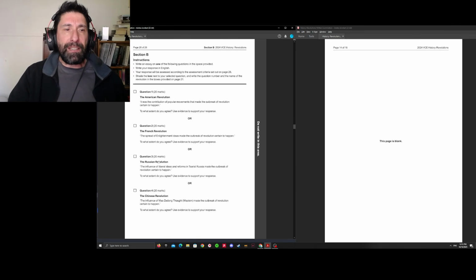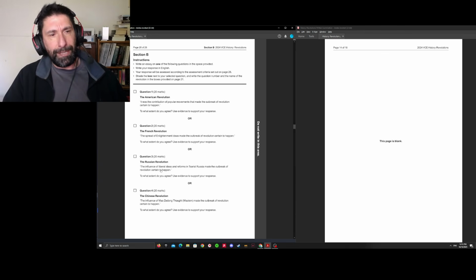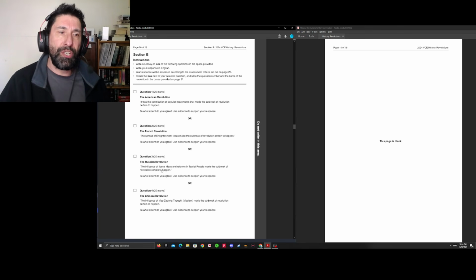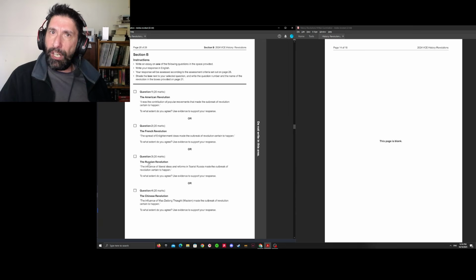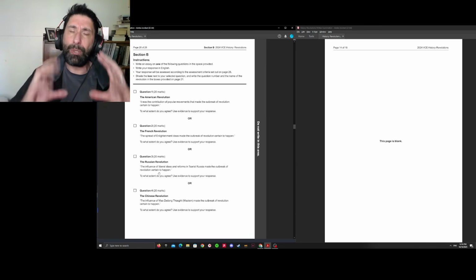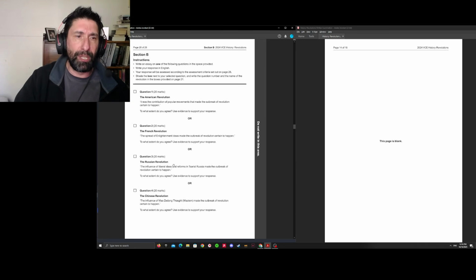If you're going to argue that liberal ideas, such as this dream of a legislative Duma, a legislative parliament, did not make the outbreak of revolution certain to happen, that's fine, but you still have to at least acknowledge, identify, and devote at least a paragraph of your essay to liberal ideas.